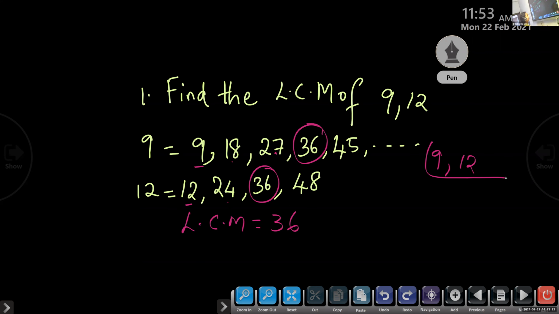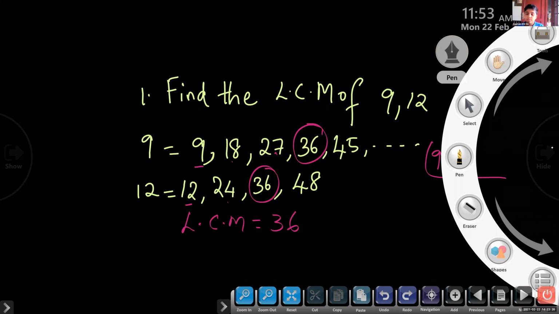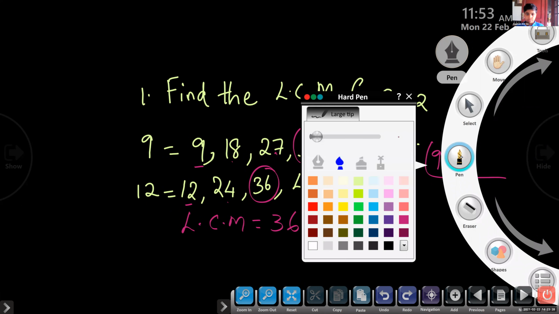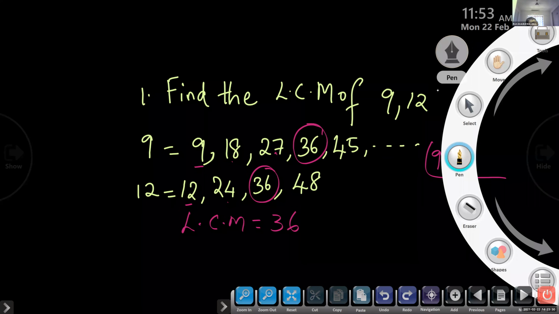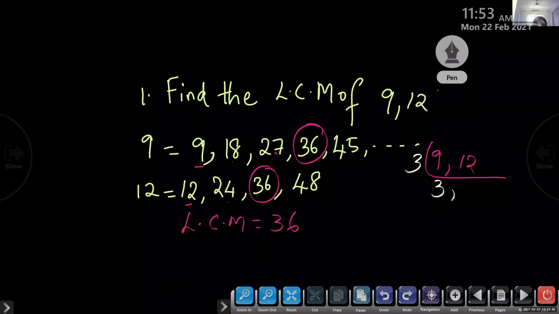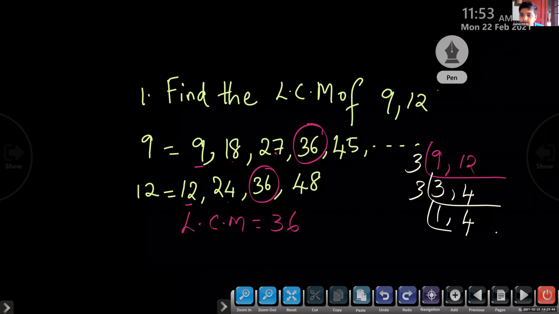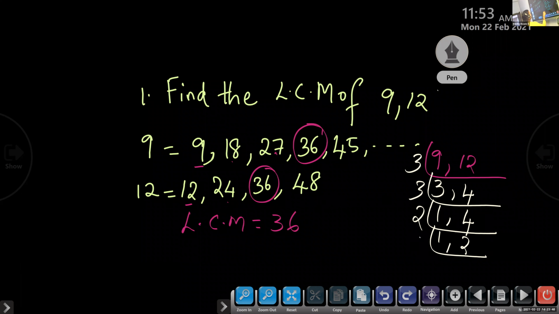By which number can I divide first? 3. So 9 becomes 3 and 12 becomes 4. Then 3 and 4. Again we can take 3: 3 and 4 become 1 and 4. Then 2: 2 and 2.